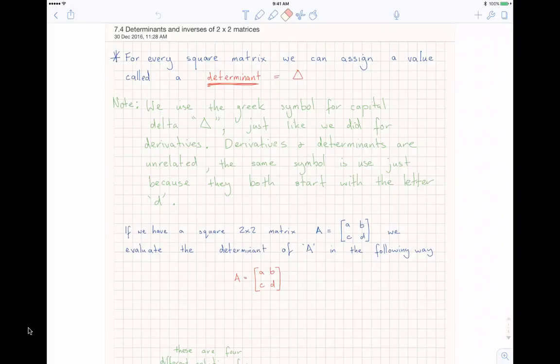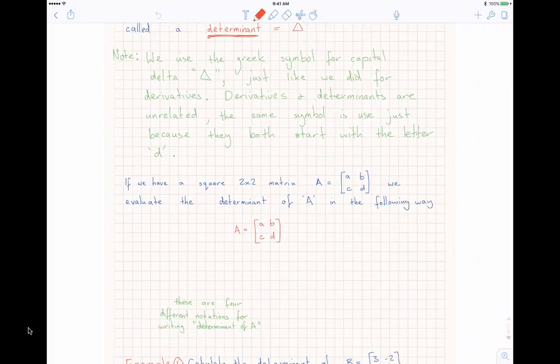If we have a square 2 by 2 matrix, for instance this particular matrix here, A equals a, b, c, d, we can evaluate the determinant of A in the following way. The determinant of A, called dA, is the same as using the Greek letter delta.